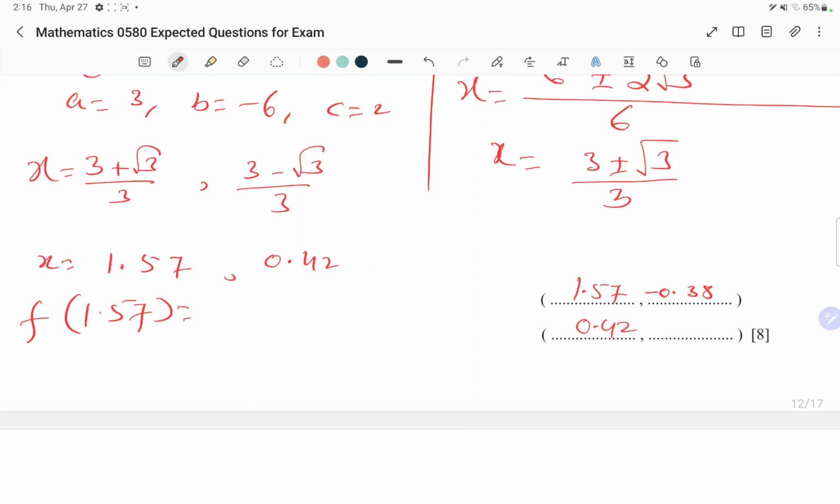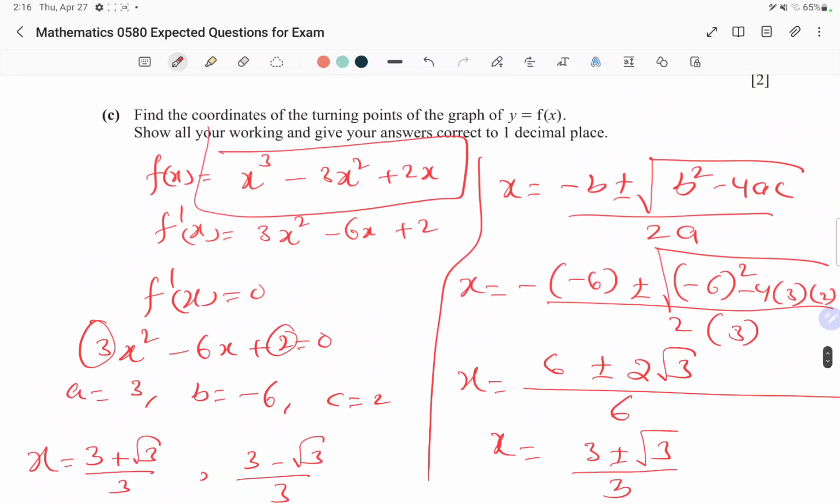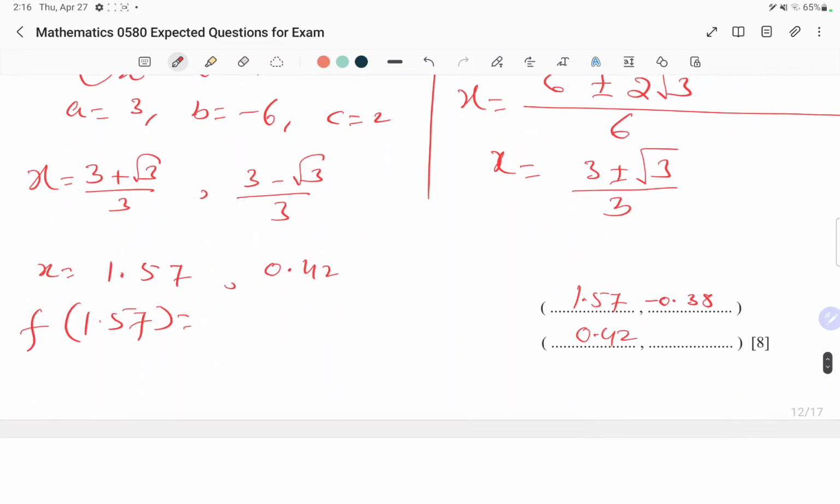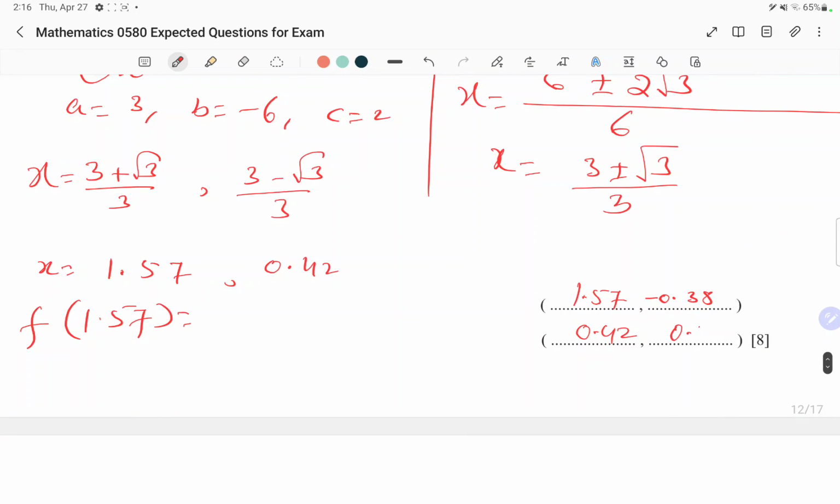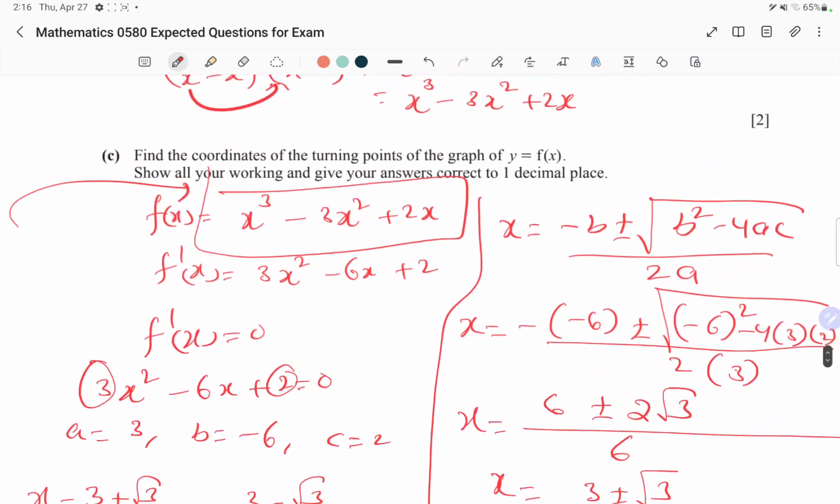Now I have to put 0.42 here: 0.42 to the power 3 minus 3 times 0.42 squared plus 2 times 0.42, that is 0.38. So I got this.